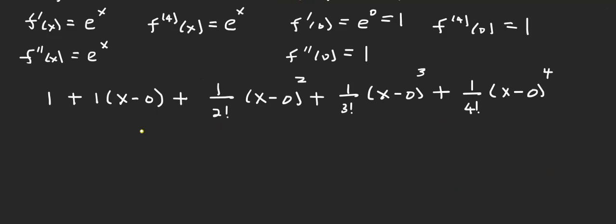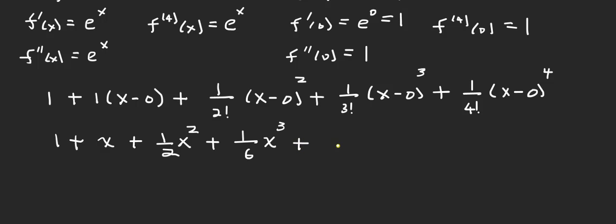Now we're going to clean this up. So you get 1 plus x plus 1 over 2 x squared plus 1 over 6 x cubed plus 1 over 24 times x to the fourth.